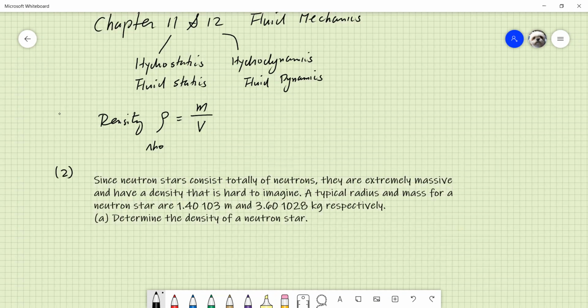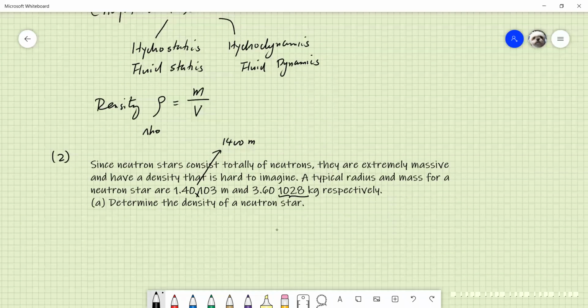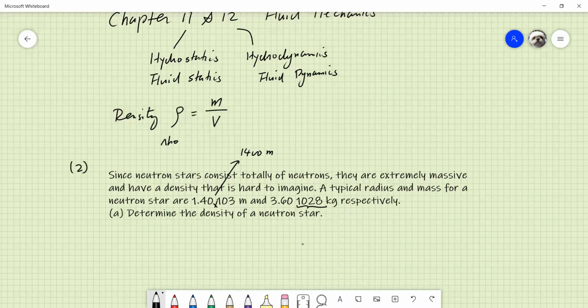The typical mass of the neutron star is 1.4 times 10 to the 3. The size, I should say, is about 1,400 meters. And the mass will be 3.6 times 10 to the 23. So we want to find the density of the neutron star. So what is the density of a neutron star?